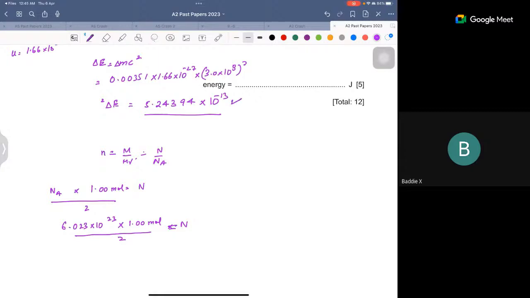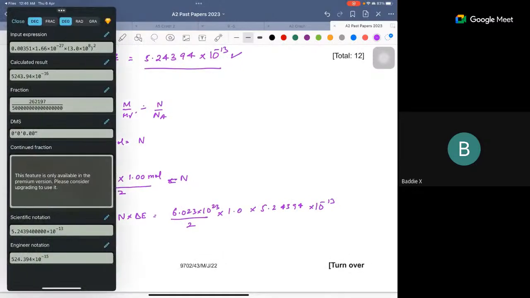So total will be N times change in energy. That's going to be 6.023 times 10 raised to 23 divided by 2, multiplied by 1, times 5.24394 times 10 raised to minus 13. Okay, let's do this.